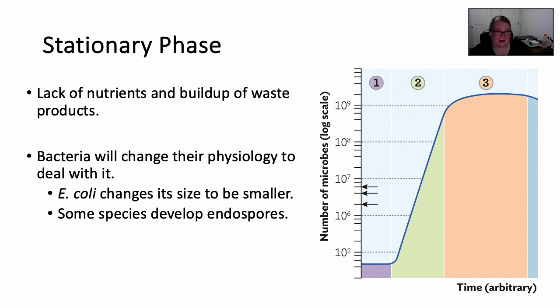They're going to sense in the environment that there's no nutrients and that there's lots of waste products, and they're going to be like, cool, I'm out, right? It's going to shove all of its genome into an endospore and wait until conditions get better. Okay, this is why it plateaus here at the top, because nothing's really dying yet, but nothing's growing either. We're not going through binary fission anymore.